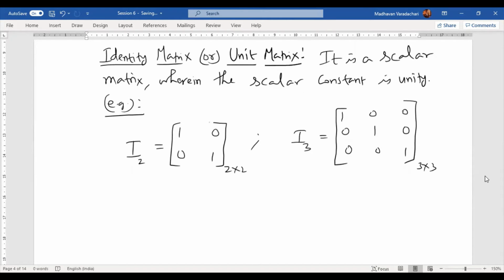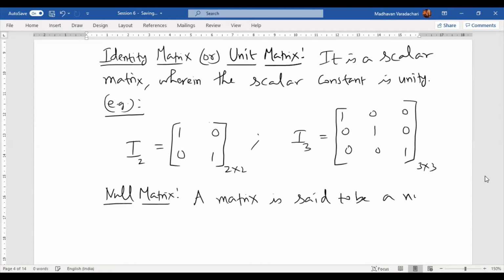Then the next type, null matrix. A matrix is said to be a null matrix if all the elements in it are zeros.